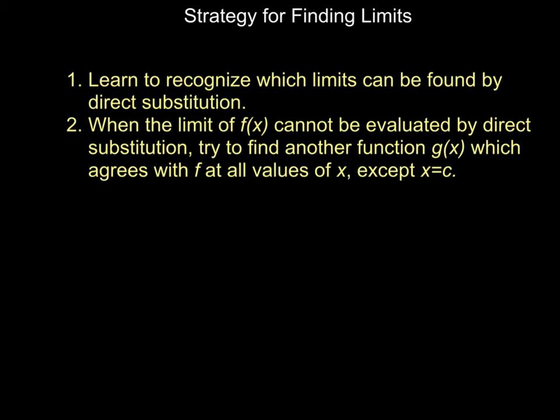If we're dealing with a function, we're going to use algebraic properties to rewrite it in a different way where we would now be able to evaluate it. And to do that, some of the things we're going to use is what's called dividing out. And the other one is what's called rationalization.